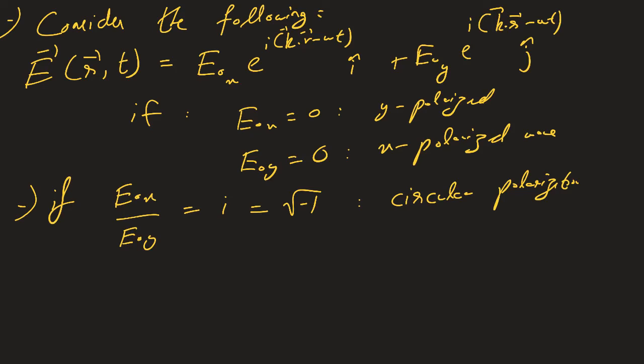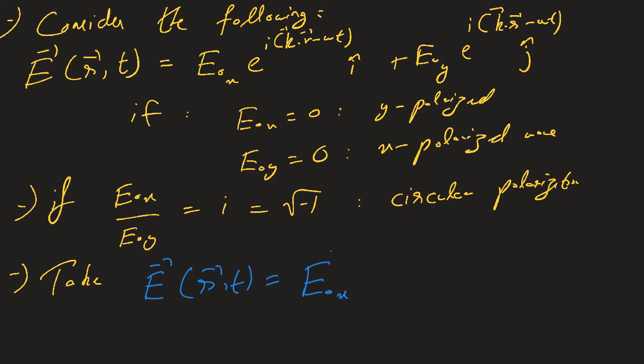And why does that happen? Let's consider the following. Take the real part of the following wave. Let's define a new wave. Take some electric field E of r,t, which is equal to some E naught sub x. Now remember this, the equation we're writing in blue is a new electric field, different from the one we did before.